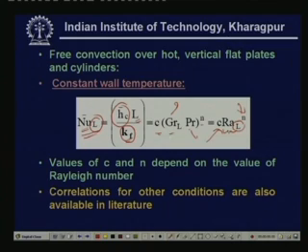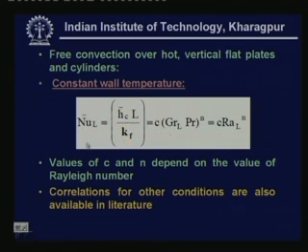So, we can find these values if you know the Rayleigh number, right. And correlations for other conditions are also available in literature, for example, for horizontal flat plate or horizontal cylinders, etc. Okay. So, what I am showing is just a typical example of heat transfer coefficient correlations.